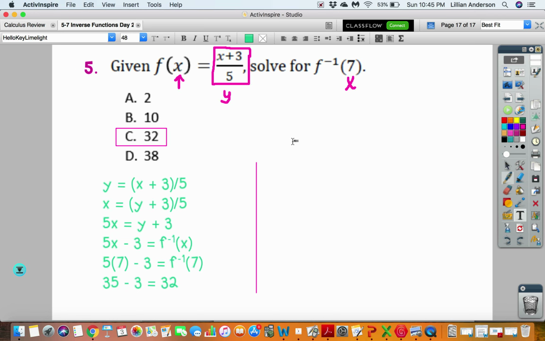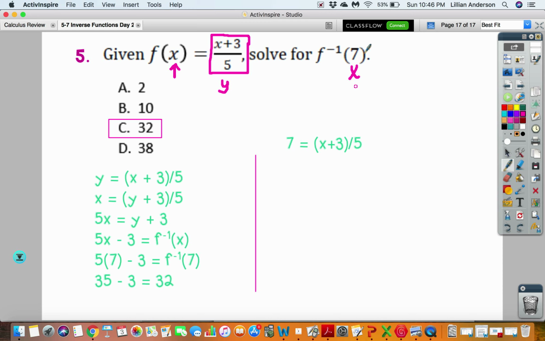So another way that you could have done this is you could have set this whole thing equal to 7, and then solved for x, okay? Because since this is x on the inverse function, it technically is going to be what the y should equal.